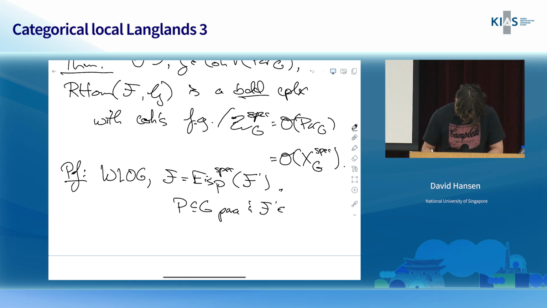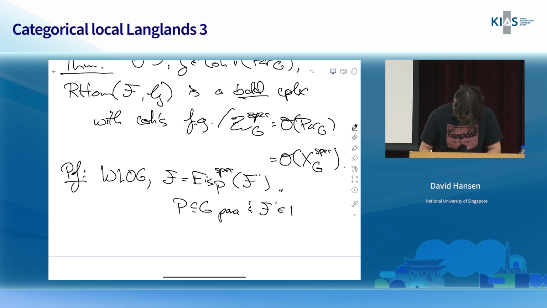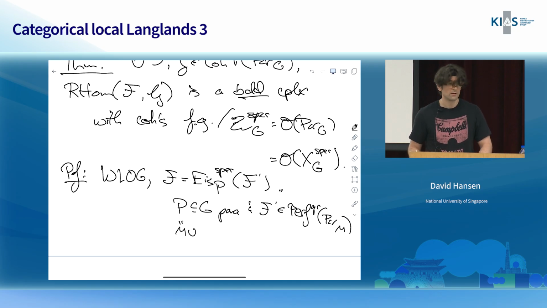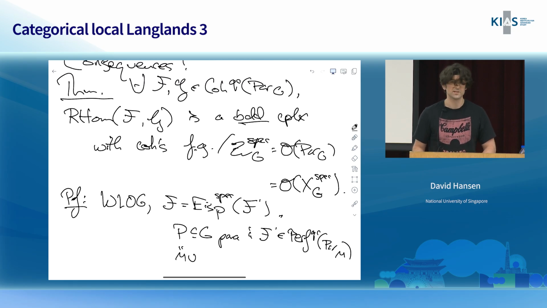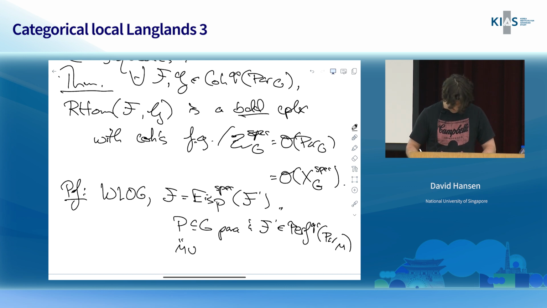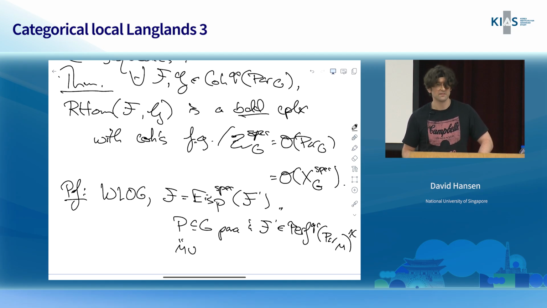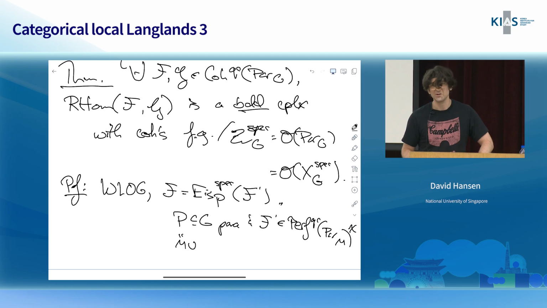And for F primed, I can put the strongest assumptions that I had as before. I can even assume this is in perf QC of the parameter stack for the Levi of P. Okay? Because again, up to finite colimits and retracts, I can just manipulate F however I want, right? So F will be obtained from things like this in finitely many steps. And I can even assume F primed is graded for a single chi, because any F primed will be graded for finitely many chi, so just pass to the finitely many chi where it's non-zero, okay?